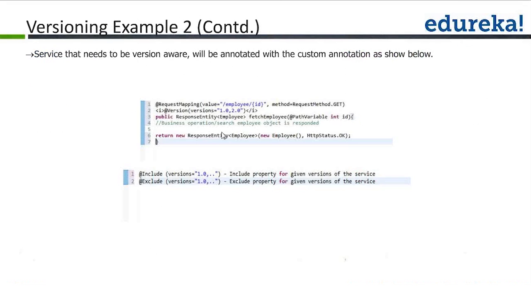So what is happening? I hope you remember this request mapping annotation that we used for writing REST web services with Spring MVC. And this similar annotation was something else when we used the REST template, right? So this is the ID which you will pass, and now you have given a version.